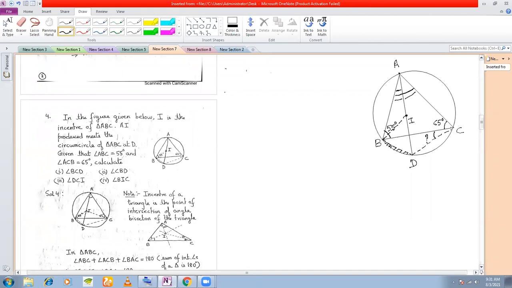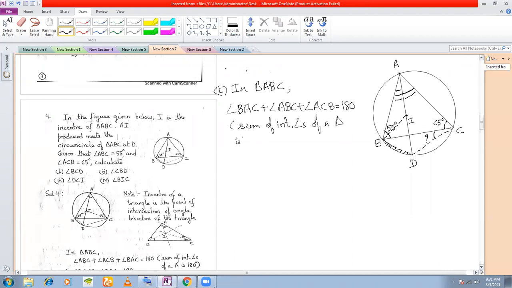So let's first find out the third angle, that is angle BAC. This is the first question. In triangle ABC, angle BAC plus angle ABC plus angle ACB is equal to 180 because the sum of interior angles of a triangle is 180 degree. Put the values.